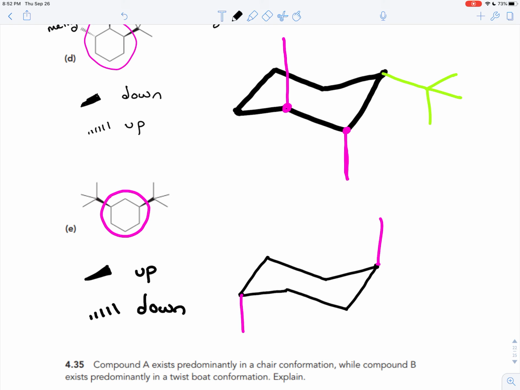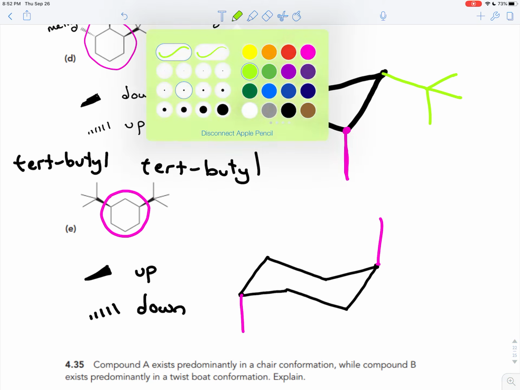So, let's choose a tert-butyl group. Both of these branches are equally bulky. They're both really bulky. Both of them are tert-butyl groups. They're those weird common names that you just have to memorize. So those are both tert-butyl groups.